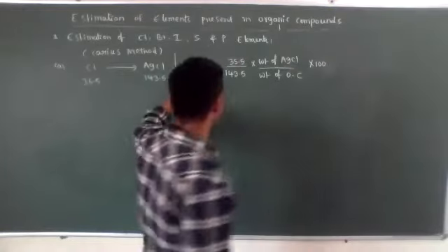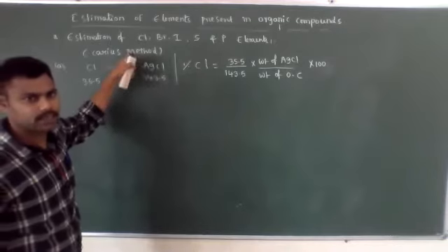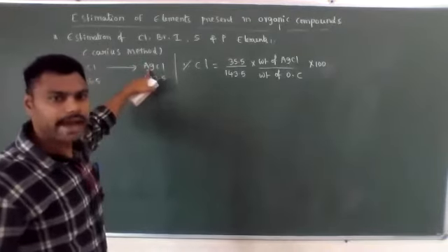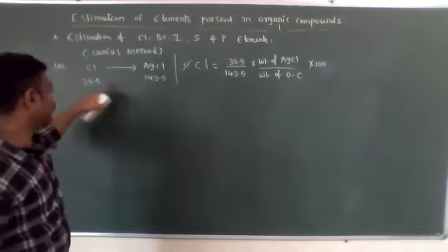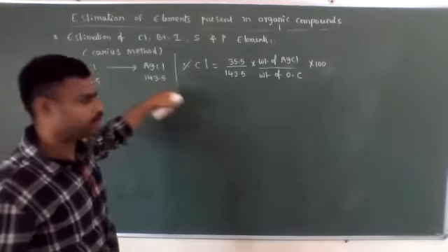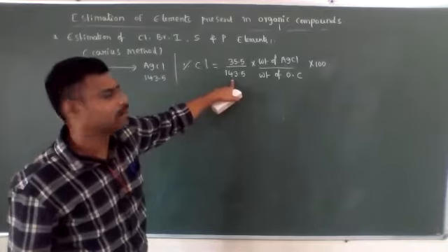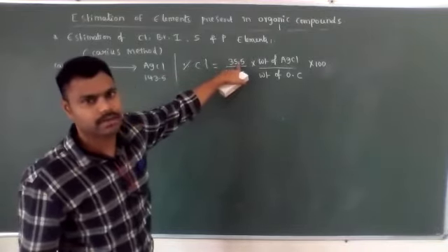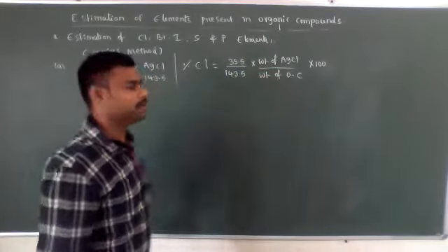Chlorine atoms are converted into silver chloride in this Carius method. Silver gram atomic weight is 108, plus 35.5 is equal to 143.5. This denominator is nothing but the gram molecular weight of silver chloride. 35.5 is the gram atomic weight of chlorine.